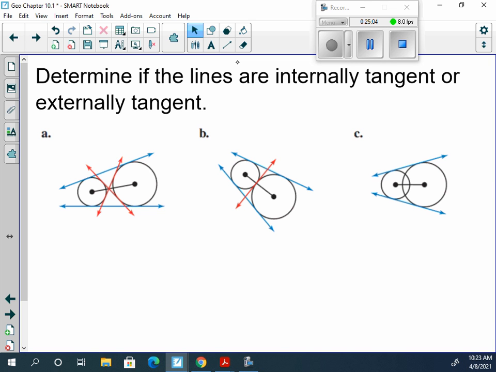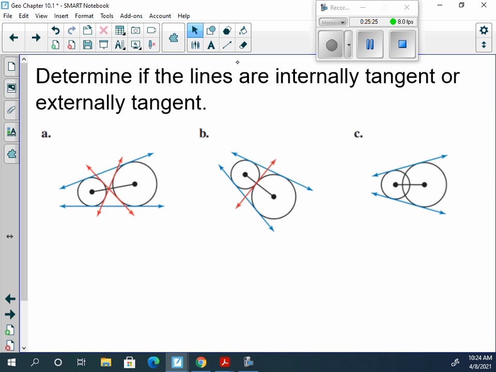So in this first one here, A, we have two circles, but do they intersect at all? No. And because they don't intersect, the two lines in red are tangent to the circles, but they do cross the line between the centers, yes?